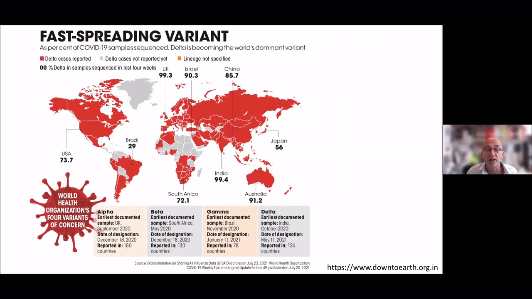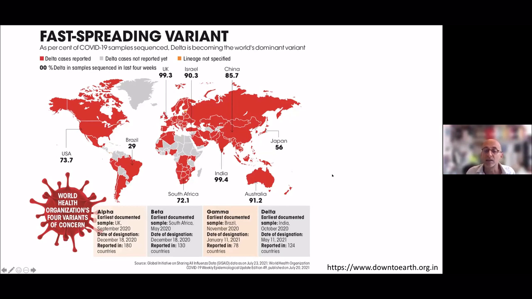This Delta variant is a fast-spreading variant. It was first identified in India and then spread to the UK, and now it represents about 99% of the cases in India and the UK, and about 80% in countries like the USA and France.